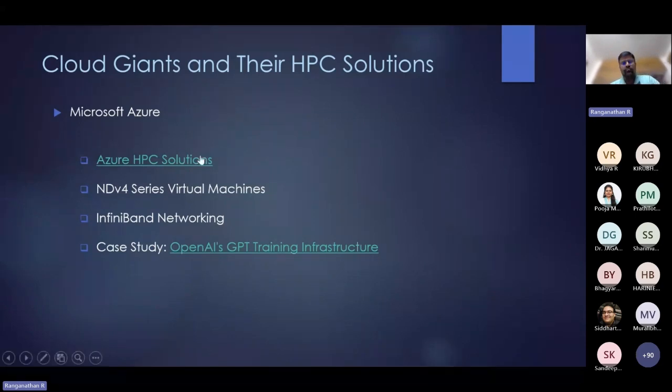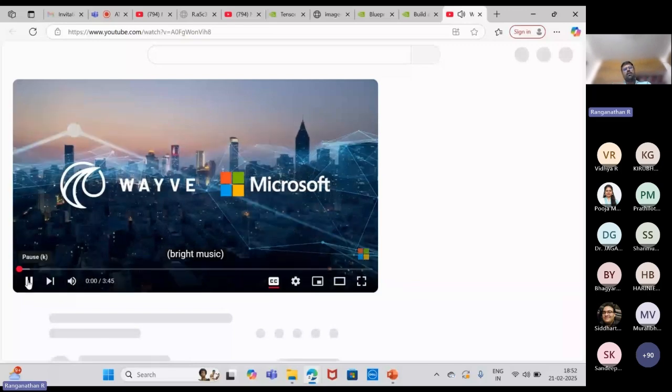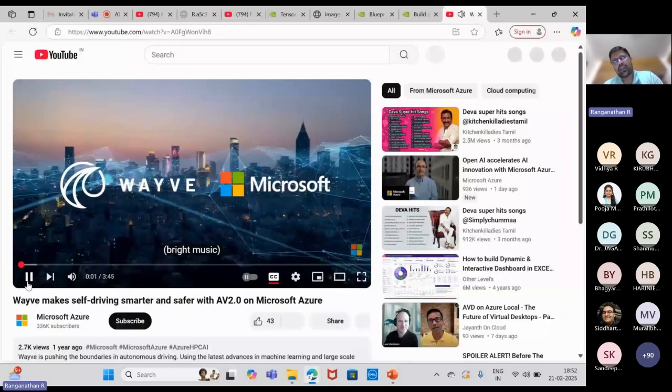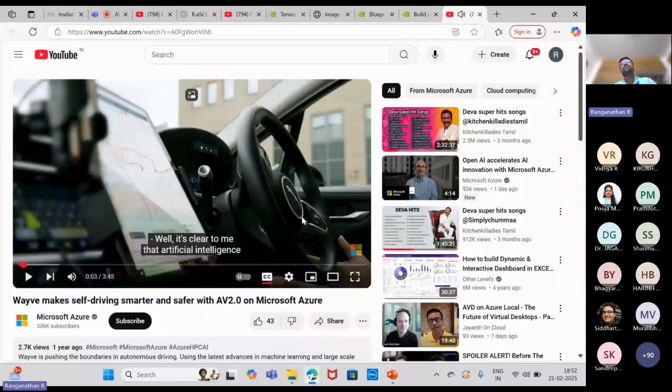Now, if you look at this, this is one example of what Microsoft has done for Wayve, right? Using their high performance computing suite, which is powered by NVIDIA GPUs.